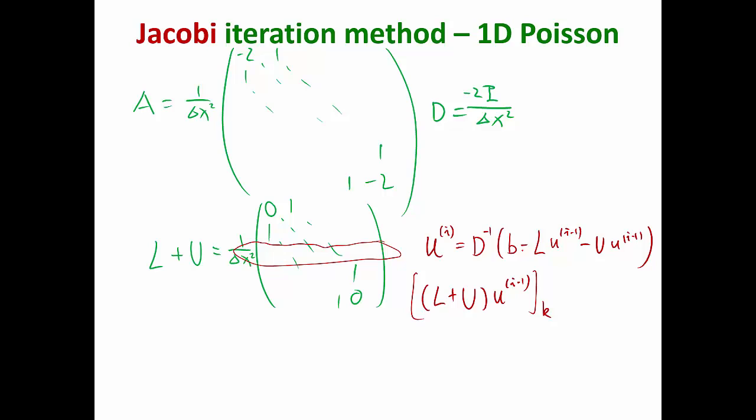Yes, so first of all, it only has access to the neighboring nodes because this row only has non-zero entries at k minus 1 and k plus 1, right? And the coefficient on the entries is exactly 1 over delta x squared. So this is U at i minus 1, k minus 1, plus U at i minus 1, k plus 1, over delta x squared, right?